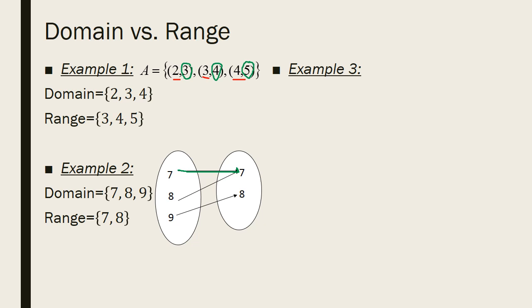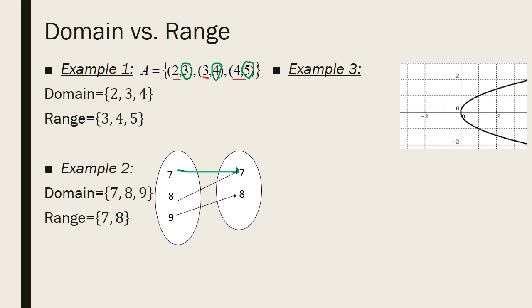Our third example is a graph, and we're trying to find the domain and range for the function represented by this graph. Now, to be able to find the domain, I need to identify all the x values that go into this function.